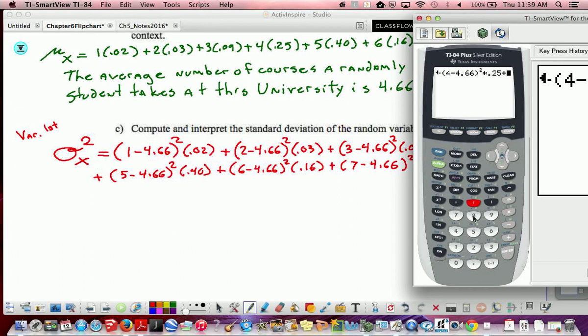Parentheses, 5 minus 4.66, close my parentheses, squared, times 0.4, plus parentheses, 6 minus 4.66, close my parentheses, squared, times 0.16.